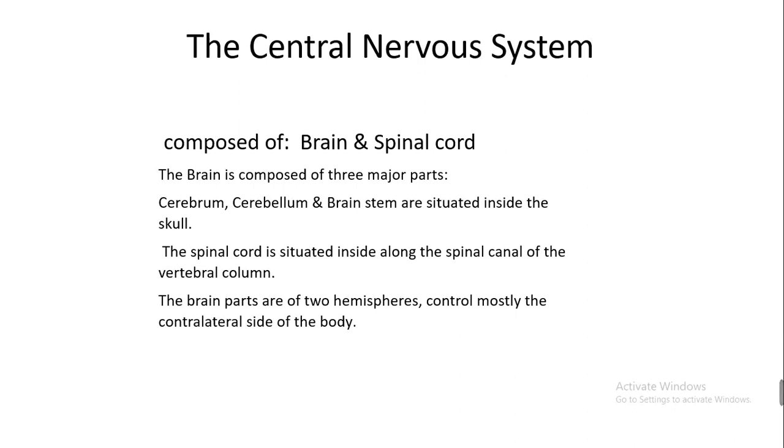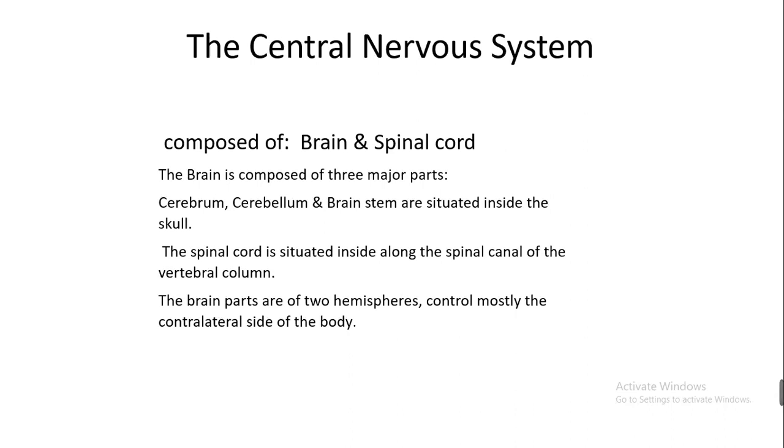This watery cerebrospinal fluid helps to bring and distribute nutrition to the nerve cells, and it also acts as a shock absorber against impacts on the brain, as the brain is practically floating in this CSF. So it is a shock absorber.